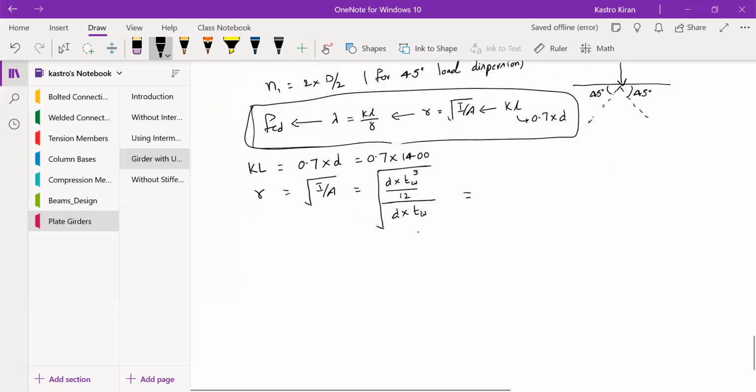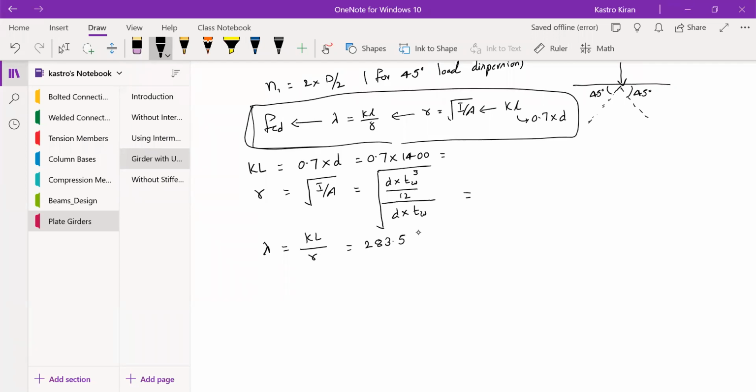Okay, and then you have to find out the value of lambda, which is slenderness ratio. The value of slenderness ratio is calculated as KL upon r. So you will get the value of KL here, and you will also get the value of r, that is radius of gyration. Once you solve those values, you will be getting the slenderness ratio as 283.5.